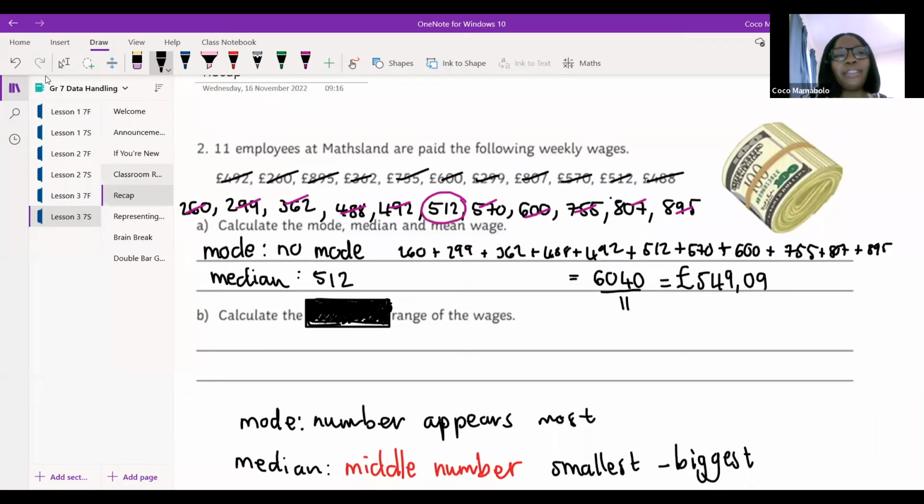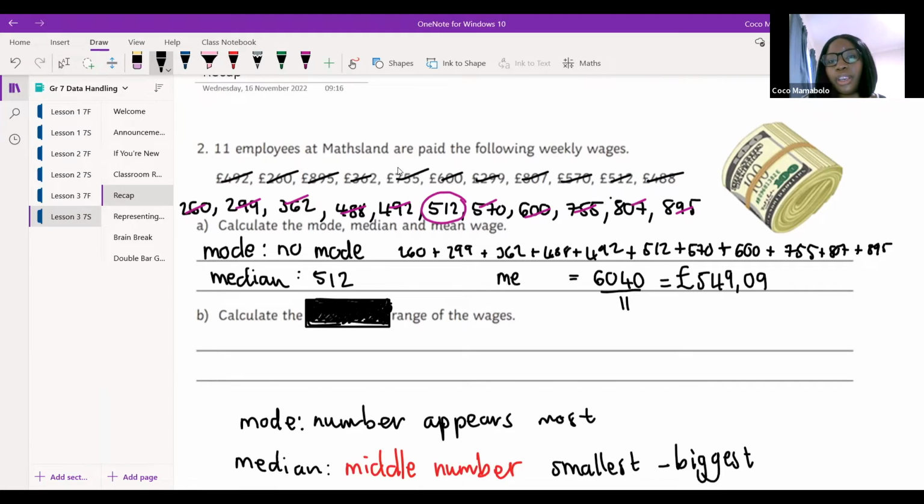Excellent. Okay, Buthe, give us our range. How do I calculate my range? The range is like the total number divided by the amount of numbers, right? Oh no, that's the mean, and we've just calculated the mean.